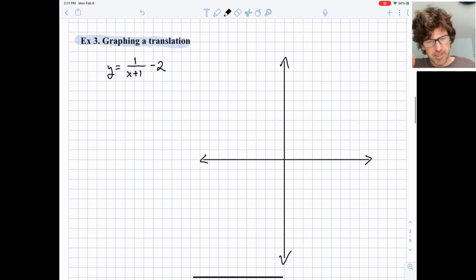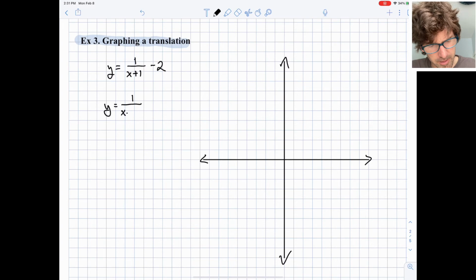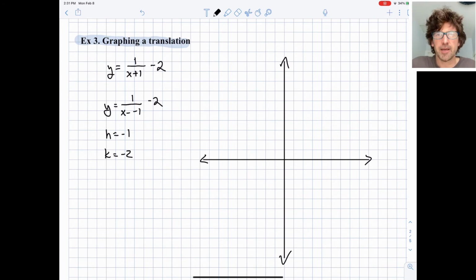What if we want to do a translation or a shift in the vertical or horizontal dimension? We can look at something like this, where we have h and k being involved now, as we looked at earlier. I'm actually going to rewrite this function a little bit differently. I like to think about forcing there to be a subtraction in the denominator there.